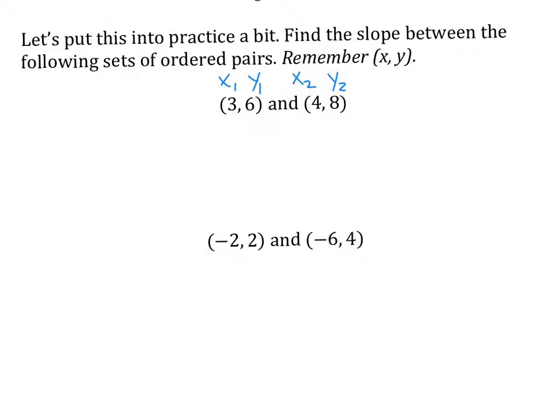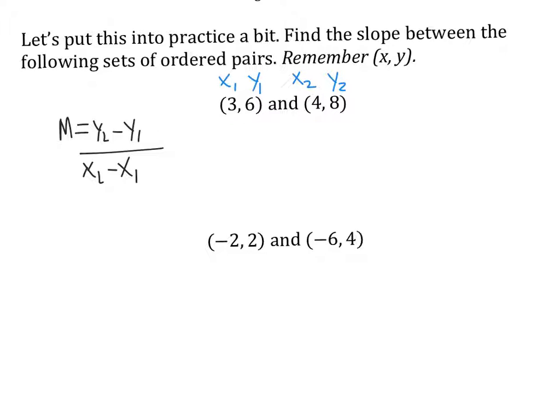So if we use the formula m equals y2 minus y1 over x2 minus x1, I'm going to see what I've already labeled as y2 and y1 and x2 and x1. And it actually doesn't matter which ordered pair you say is the first versus the second, because you could reverse these and you would get the same answer. I'll show you what that looks like, but you don't need to do that for every problem because it would just take a while.